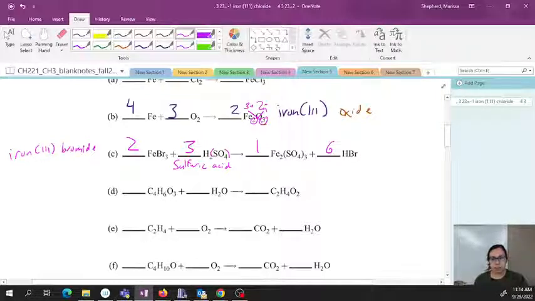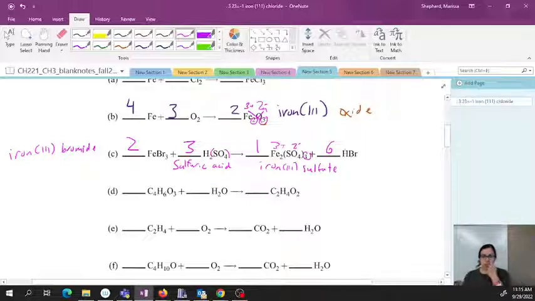Just back out your swap trick. Iron 3, exactly. You wouldn't know this because we haven't covered it, but this polyatomic SO4 sulfate has a -2 charge, so that's where that 2 came from. That makes sense then that this is iron 3 sulfate.